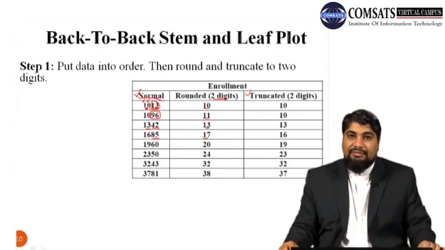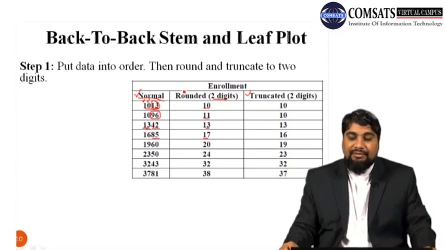So just write the first 2 digits, and cut everything after the first 2 digits. So 1013 will be truncated to 10. Similarly, 1096 will be truncated to 10, and 1342 will be truncated to 13. This is how to truncate the numbers.